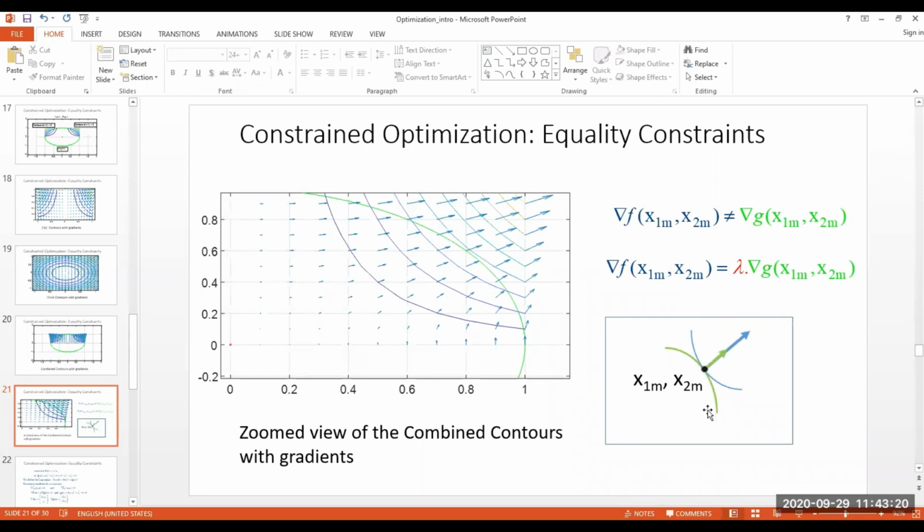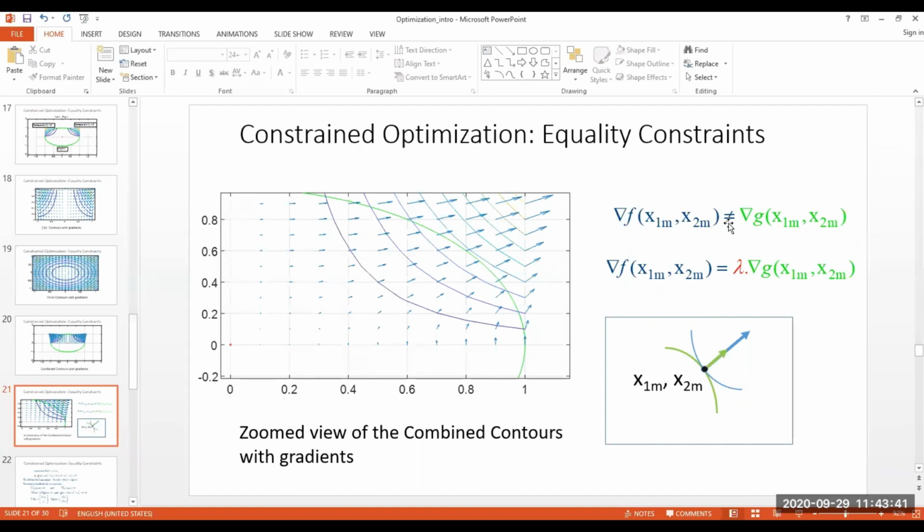Now, to represent this relation mathematically, we are calculating the gradient of the fitness function and the gradient of the circle at a certain point. They most likely are not equal, though there could be cases where they are equal.